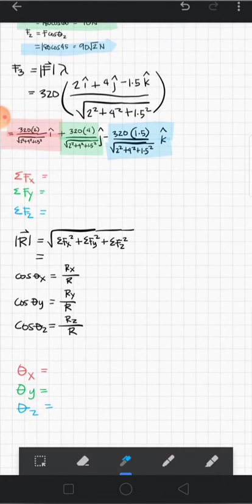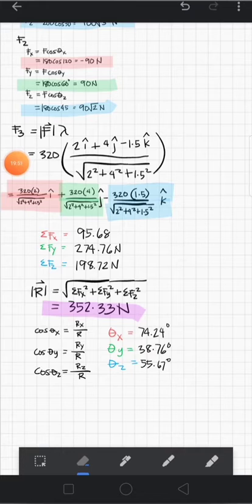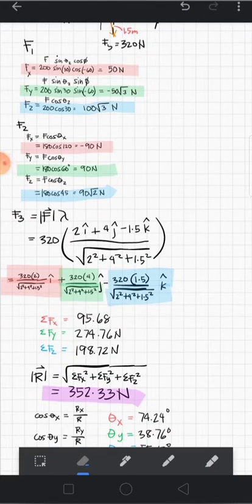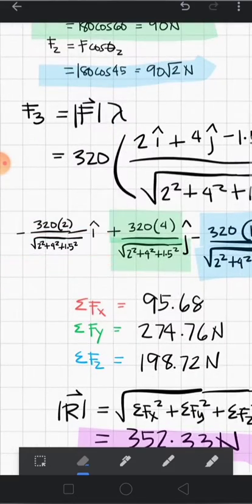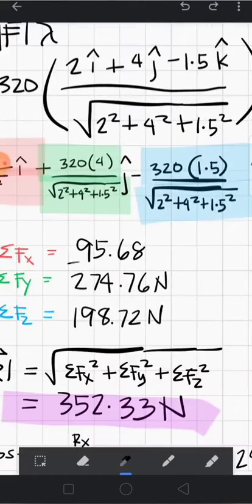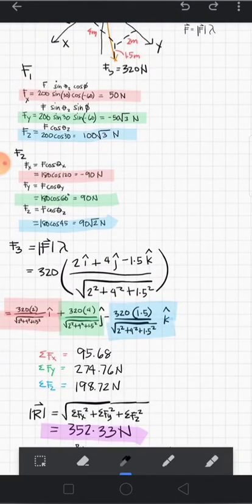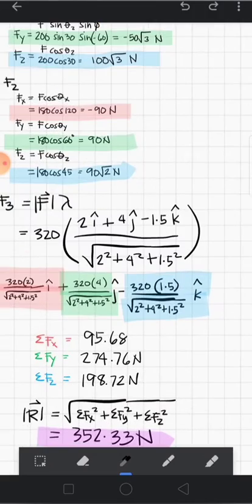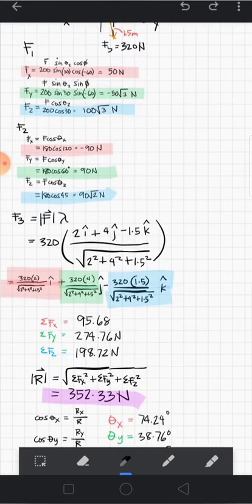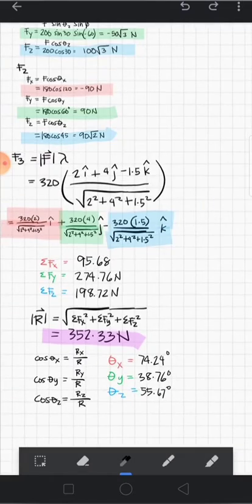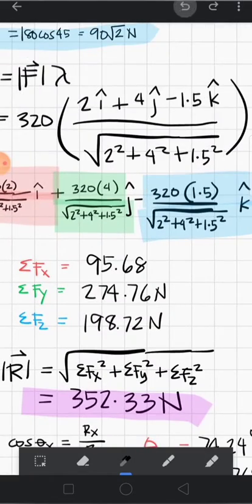So let's get the values now. After adding all the reds, this 50, negative 90, and this value here, I get 95.68. And then for all greens, this negative 50 square root of 3, this 90, and this value here, which are all the y's, or the sum of the forces in the y direction, I got 274.76.